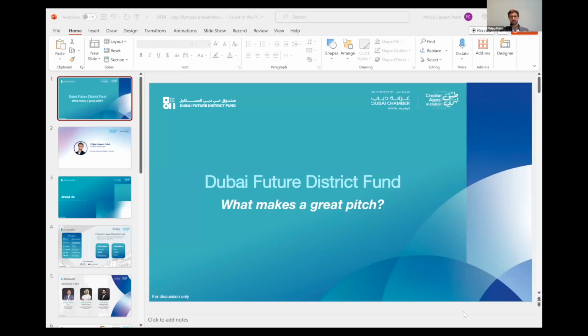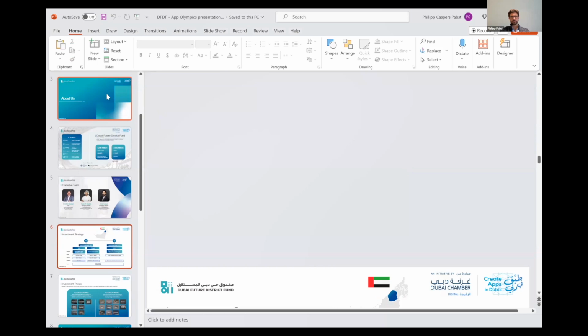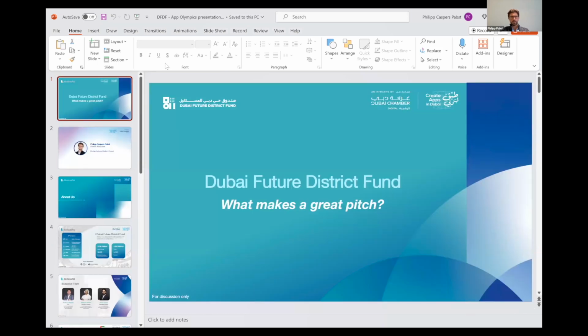I'm just in the process of sharing my screen. Please let me know if that has worked. Seems like it's all good from my side. So we can see your screen, if you want to put it on full screen. This function is hidden somehow, but I think if I do this.